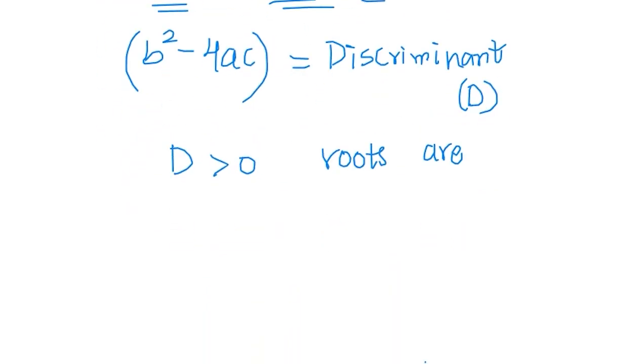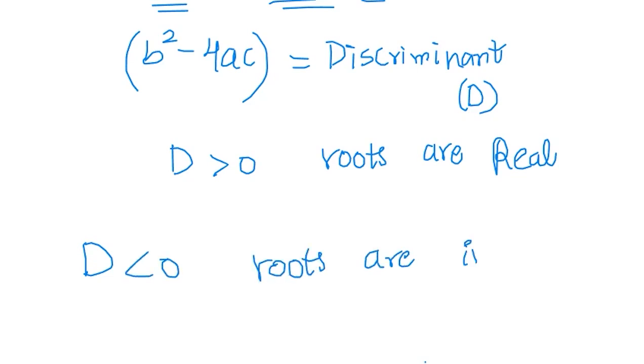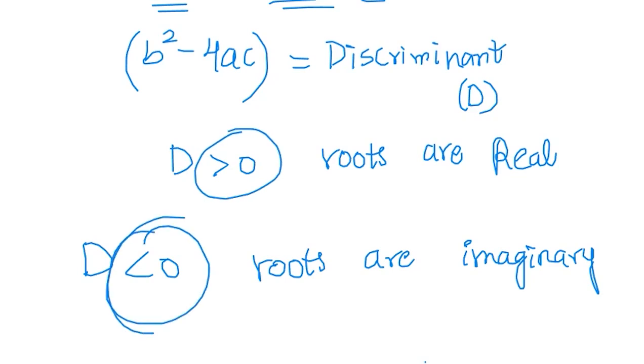So D positive means roots are real. If D is less than 0, roots are imaginary.